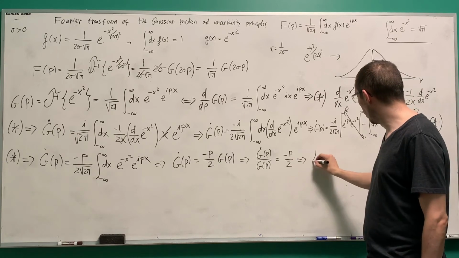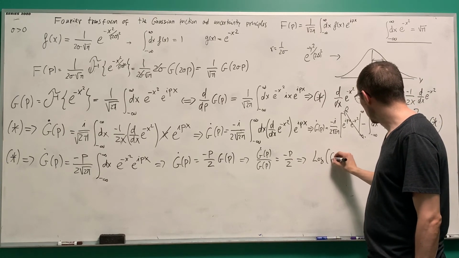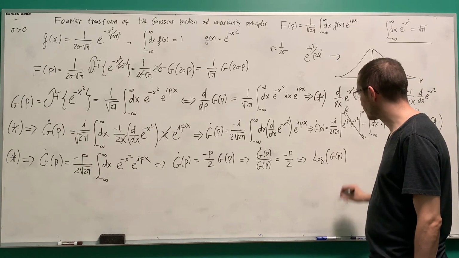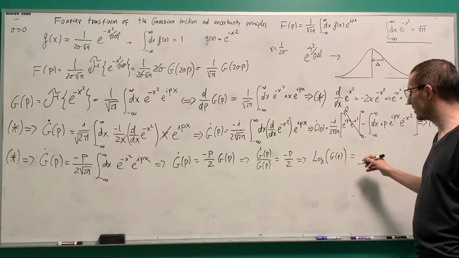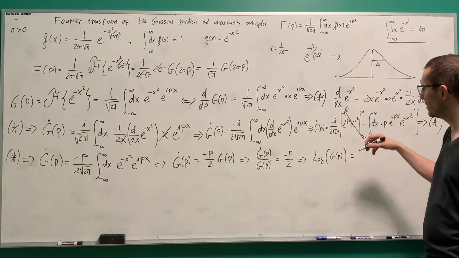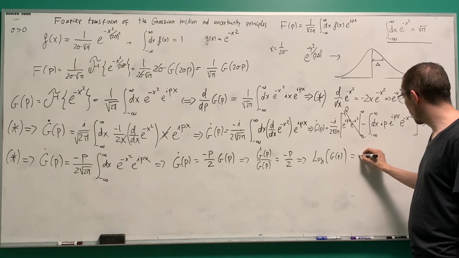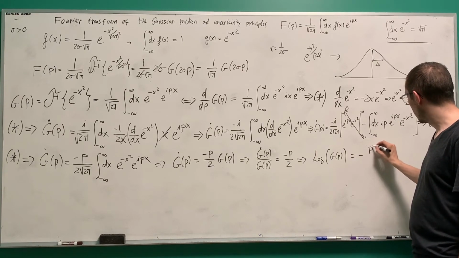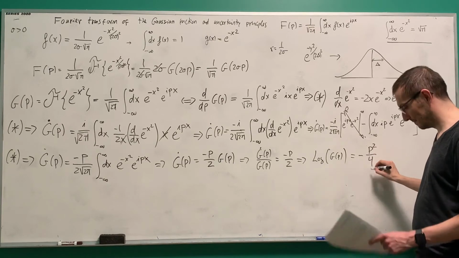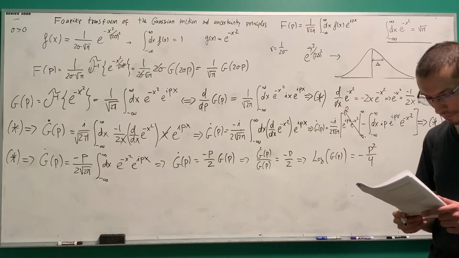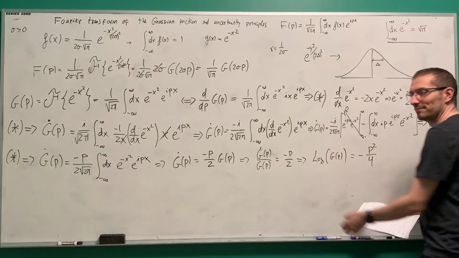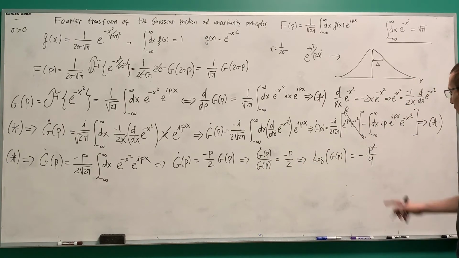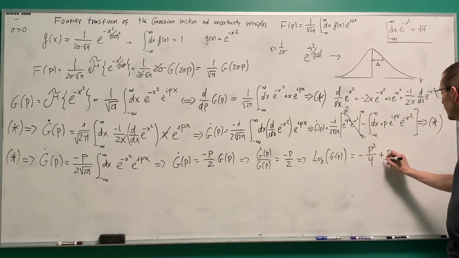This gives me the log of g of p equals, and here I have to integrate, and the integral gives me p squared divided by 2, so minus p squared divided by 4. All right, wonderful. That's integrated on both sides with respect to p, plus a constant, let's call it d.